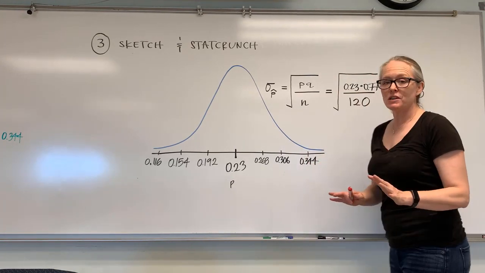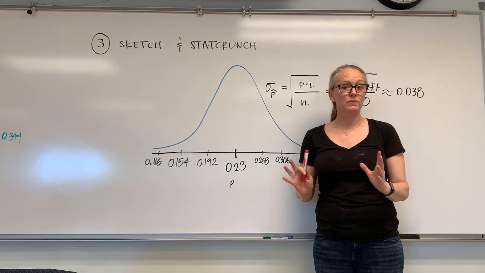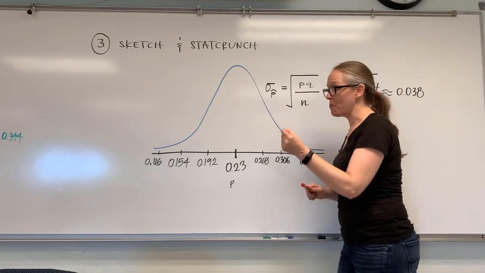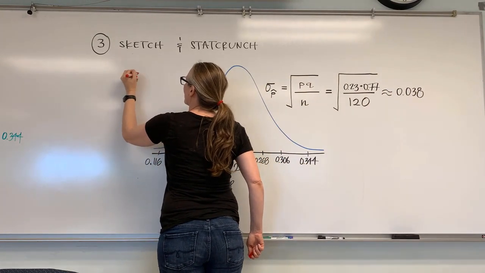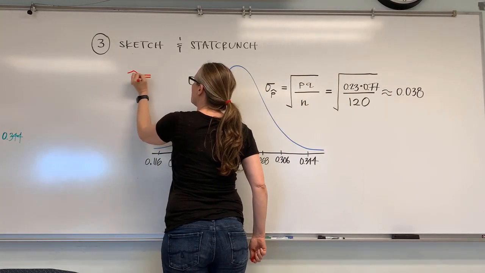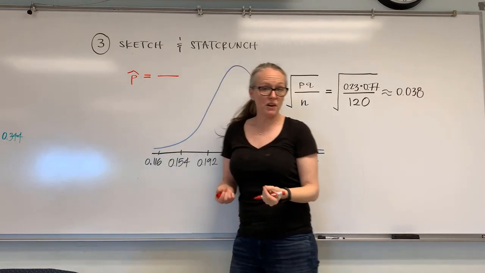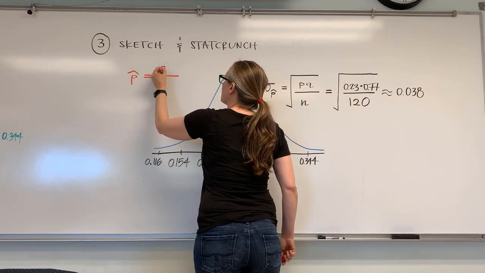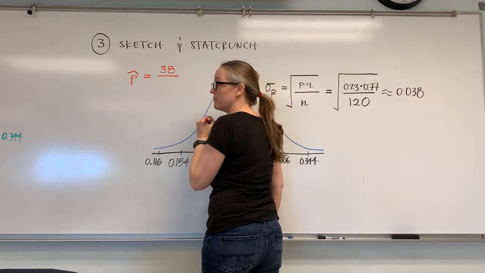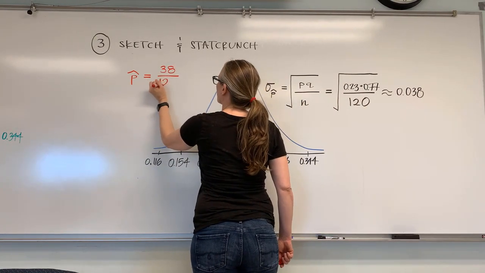So notice I haven't talked about p hat at all during this whole testing process. It's only until this moment in step 3 that I come in and I take the sample evidence that the community group collected, and that was 38, if I remember, crashes involved cell phone use over 120.